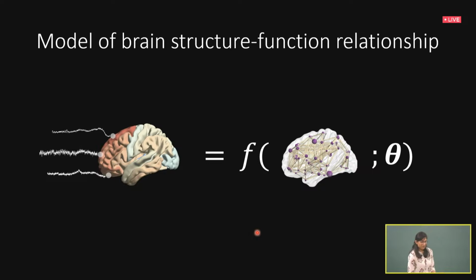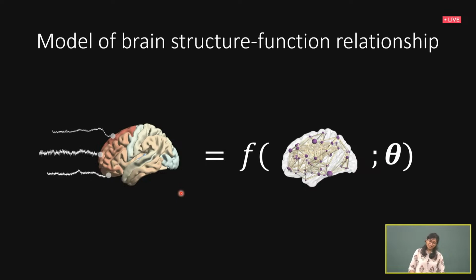Okay. So, if you didn't get anything so far, broadly what I have tried to show you is a model where, given the structural network, we can try and capture brain function. And if we apply this model to real data, we can try and get some insights into what might be happening that can explain what we see with the data.